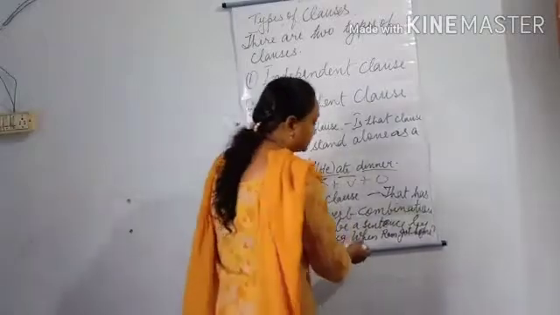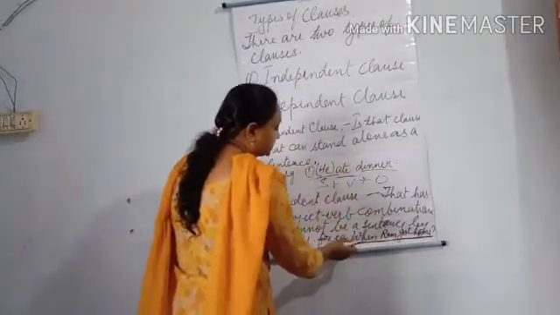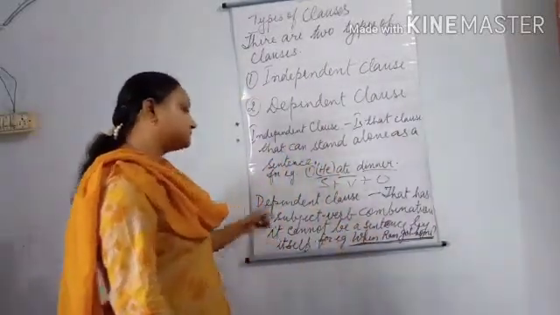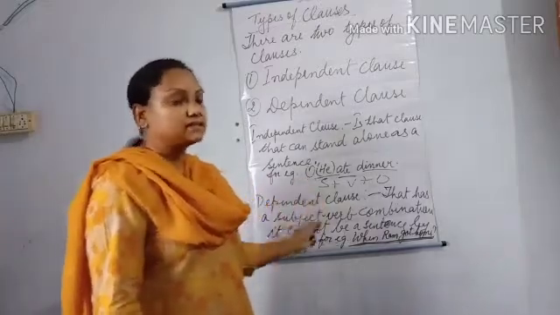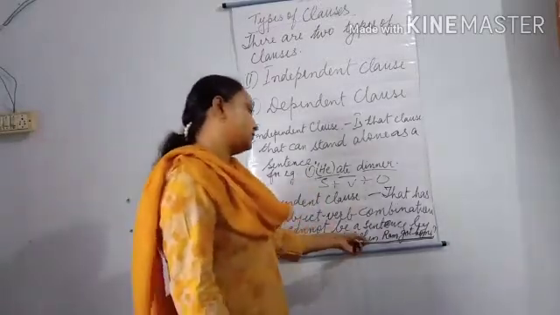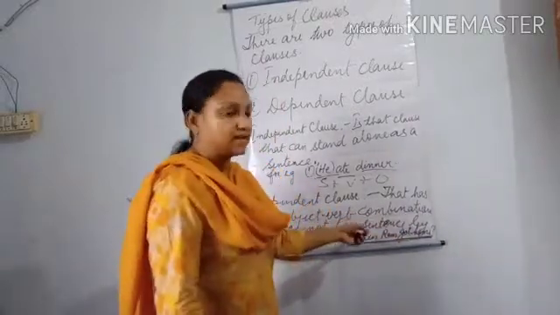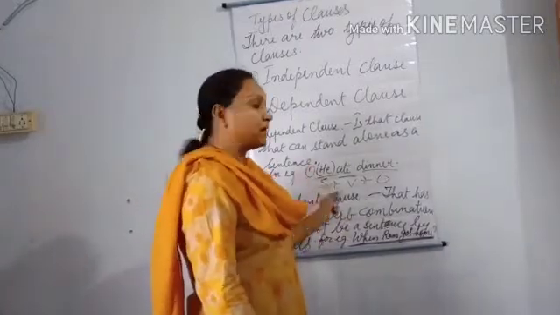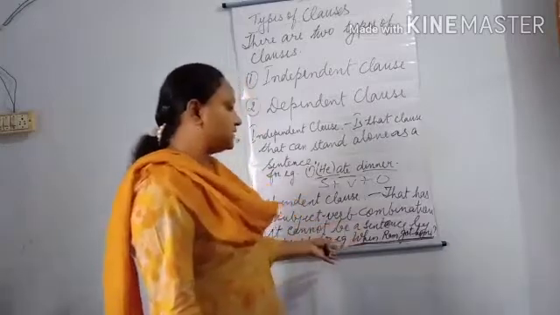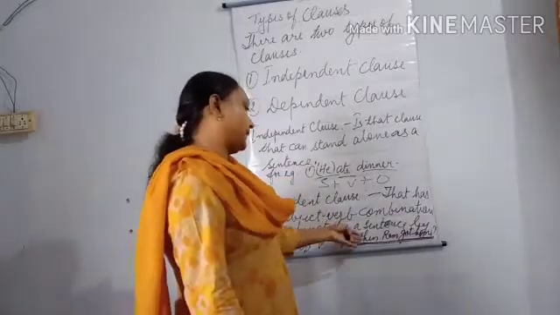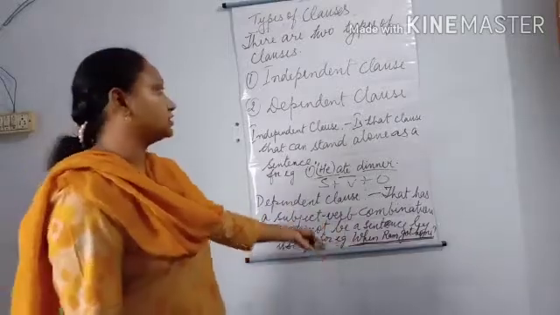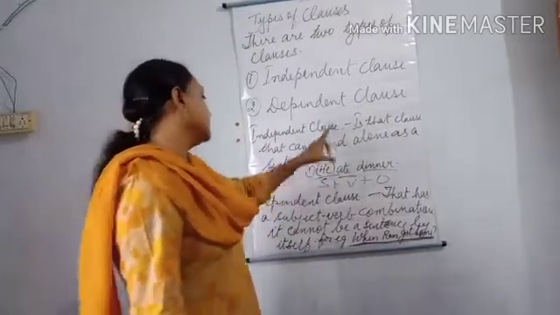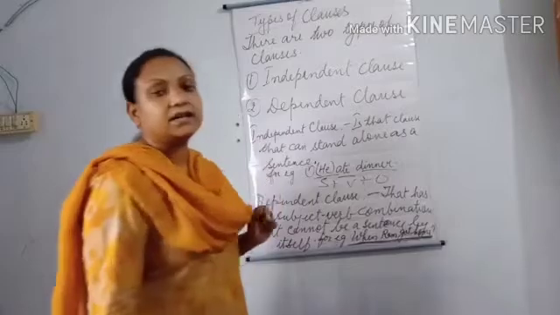This is not giving a complete sense, so it is an incomplete sentence. There is a subject-verb combination, but it cannot be a sentence by itself. With this example, it is clearly seen that this is a dependent clause, and he ate dinner is standing alone as a sentence, and this becomes the independent clause.